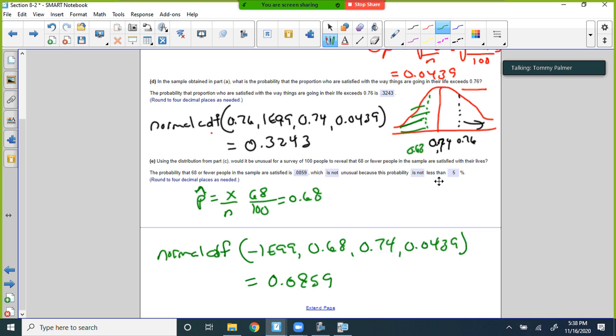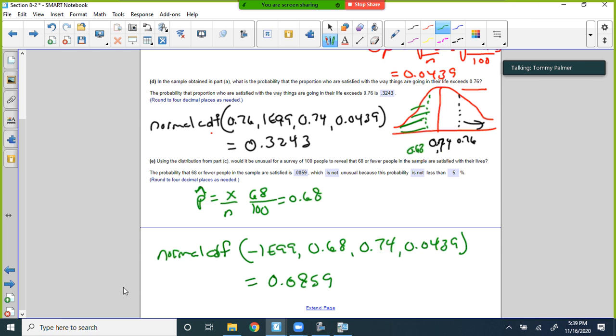If it's less than 5%, it's unusual. Well, what does that mean? It means the likelihood of that event occurring is really, really low, right? You could just about disregard that event happening. That's why they consider it unusual, right? All right. Any questions on that?